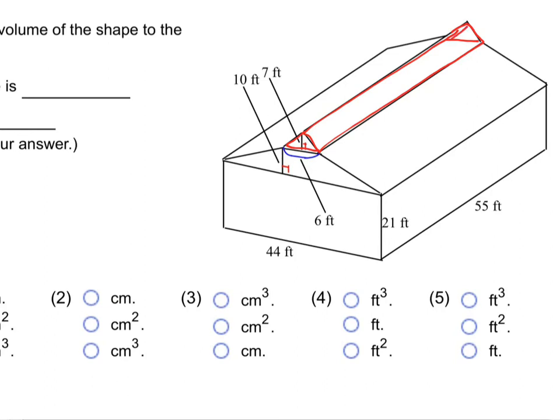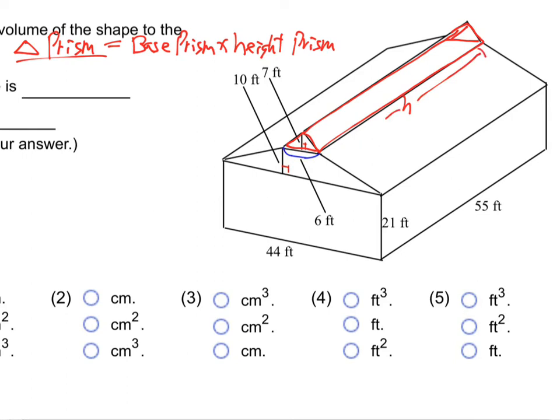So that's a prism, right? And remember, for prisms, so it's a triangular prism, it's always the area of the base of the prism times the height of the prism. Again, this prism is lying on its side. This will be the height of the prism. We're letting the triangle bottom and top actually be left and right because it's laying on its side. So what's the base of the prism?